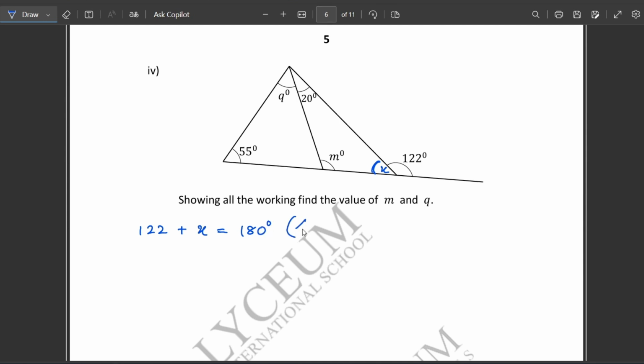Reason is angles on a straight line. You can find X, subtract 122 from both sides.